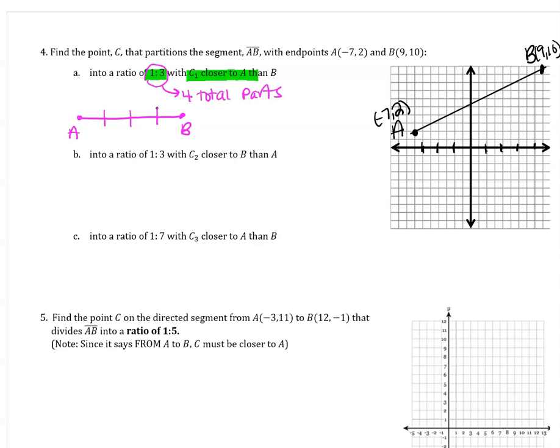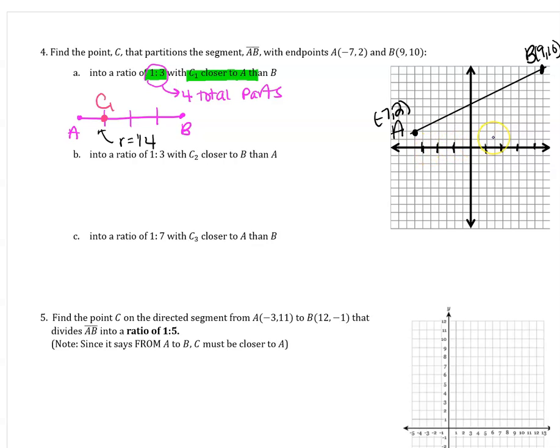They're looking for what we're going to call C1, which is closer to A than to B in a ratio of 1 to 3. The easier way of thinking about this is this is 1/4, like a scale factor of 1/4 of the total segment. So what you could do is find the midpoint and then find the midpoint again. Let's go ahead and do that.